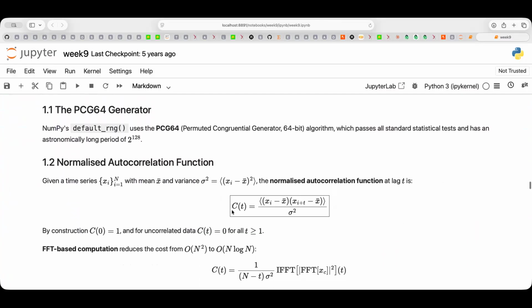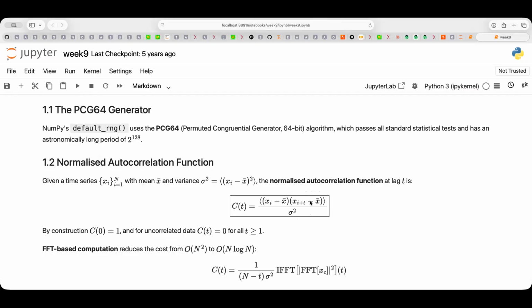And here you can see now the correlation function which we discussed. So it's the covariance here. This is called a normalized autocorrelation function. This is the calculation of the function which we called f of d, and this is divided by the variance.